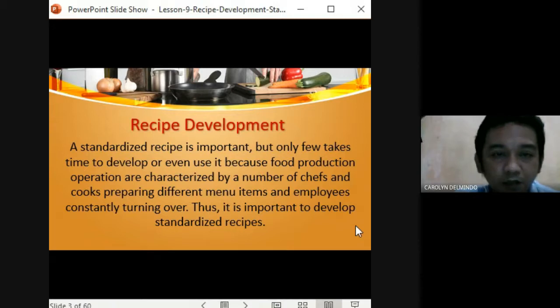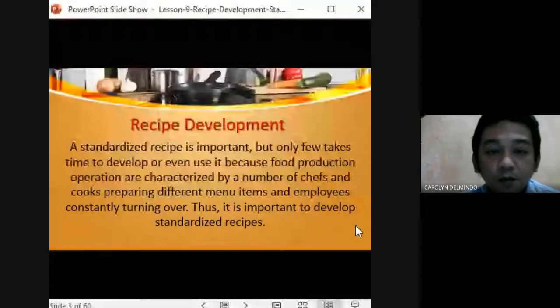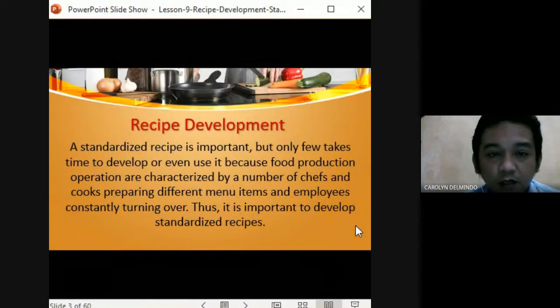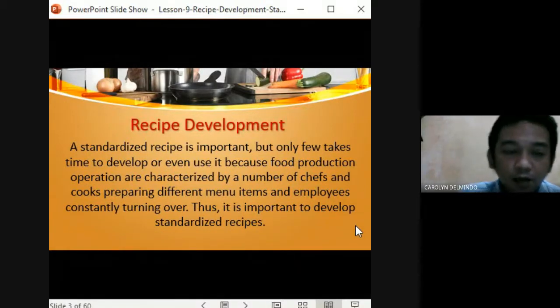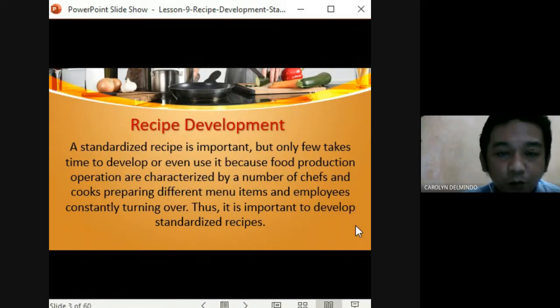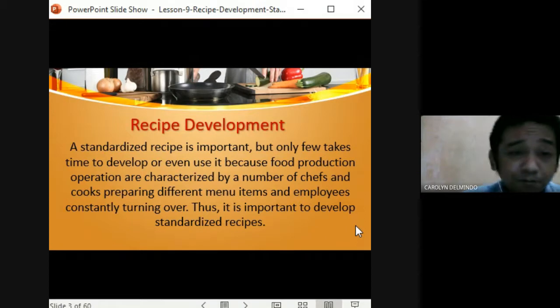A standardized recipe is important, but only a few take time to develop or even use it, because food production operations are characterized by a number of chefs and cooks preparing different menu items, and employees constantly turning over. Thus, it is important to develop a standard recipe.